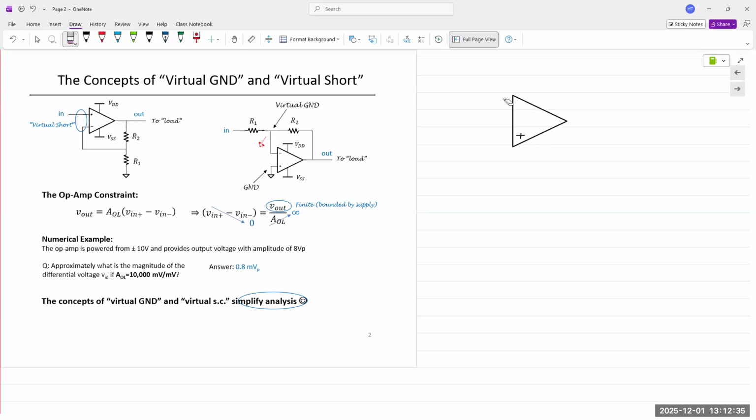So let me actually just erase this out. And so this input resistance or input impedance of an op amp, internal input resistance.